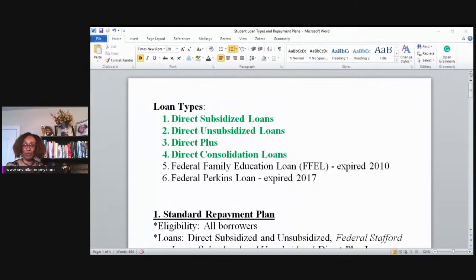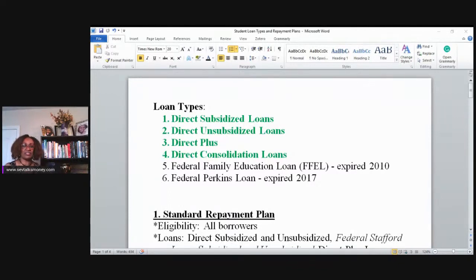I'm trying to use what I learned and the mistakes that I made to educate others so they don't make the mistakes that I did. On the unsubsidized loans, the interest continues to accrue daily, and at the end of your college years, all of that interest will be added to the base and it becomes your new base. So you're paying interest on top of interest.